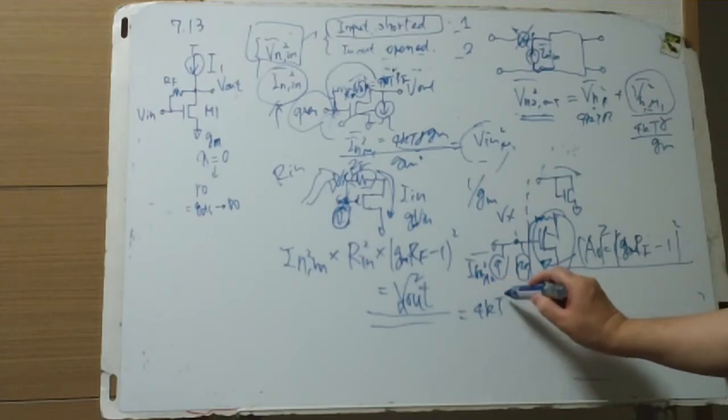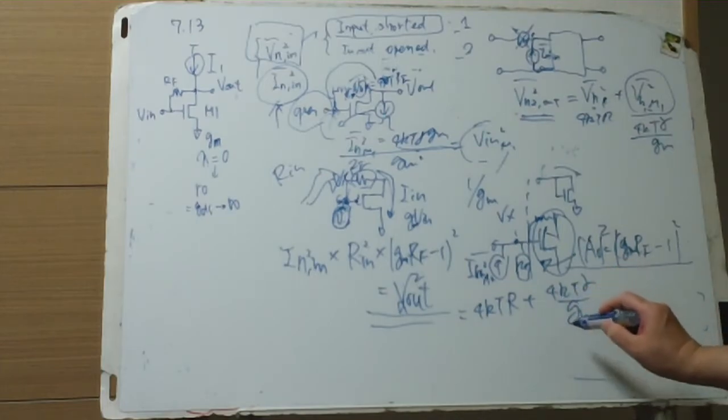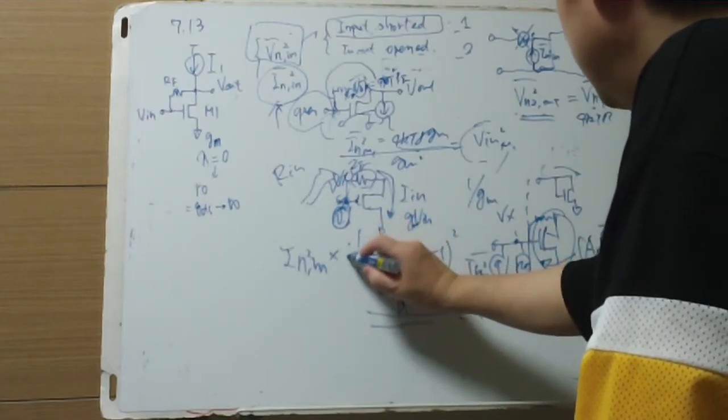The output noise is 4kT R plus 4kT gamma GM, and R in equals 1 over GM, squared.